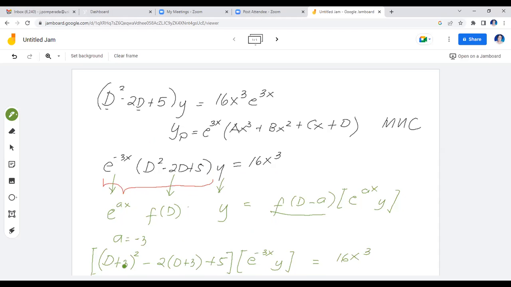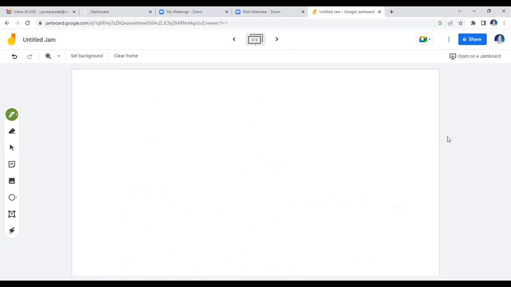Okay? Now, if you will simplify this, you simplify it just using your algebra. So you have this expanded and this expanded and this added. That will give you the simplified form. So you have d plus 3 squared.